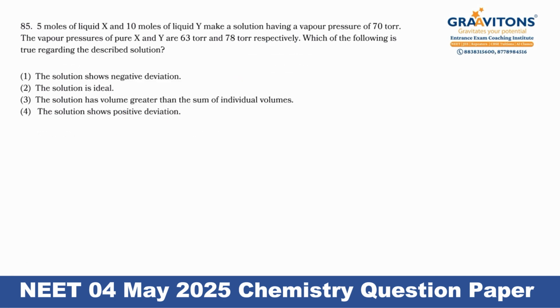85th question. 5 moles of liquid X and 10 moles of liquid Y make a solution having a vapor pressure of 70 torr. Okay, so the total vapor pressure is given as 70 torr, and the pure X and Y vapor pressures are given as 63 and 78. Using Raoult's law, let us write PT is equal to PX naught XX plus PY naught XY.